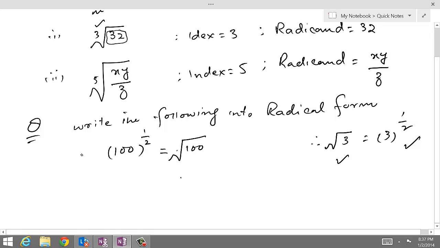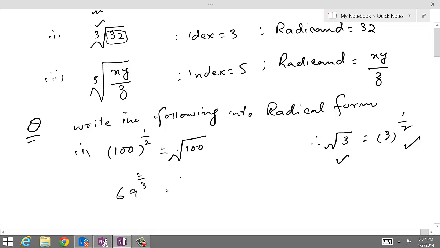So if we do another question under the same heading, write the following into radical form, 69 power 2 by 3.